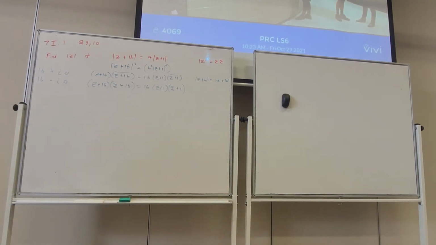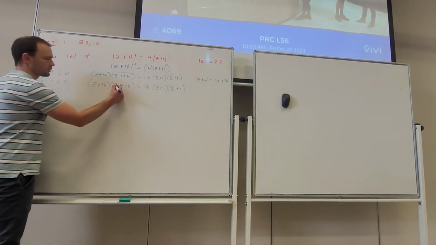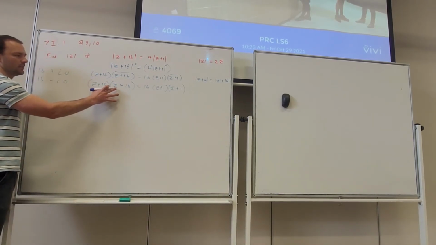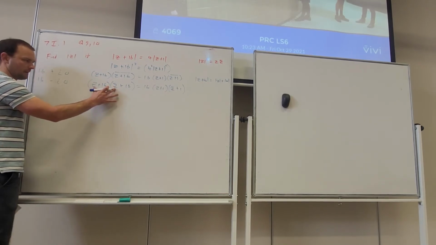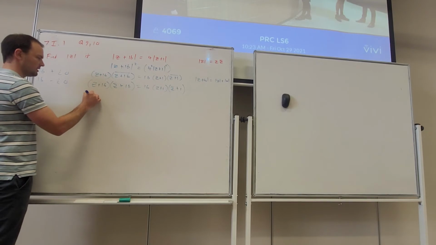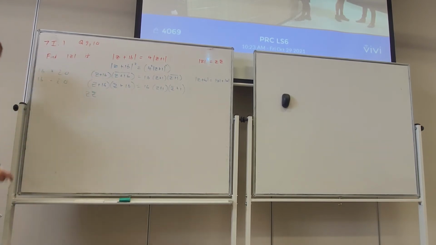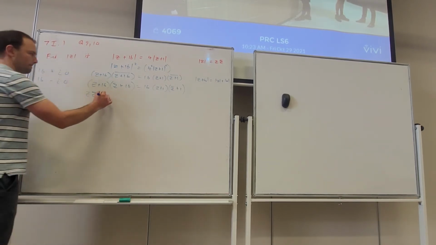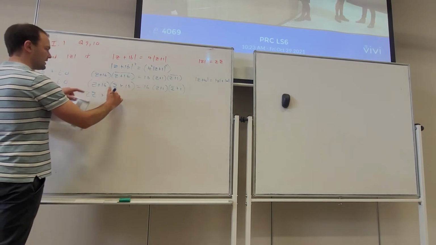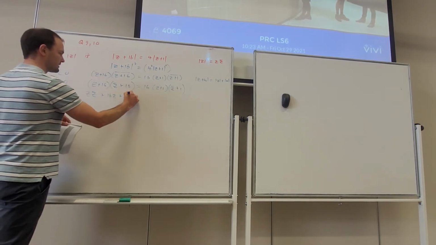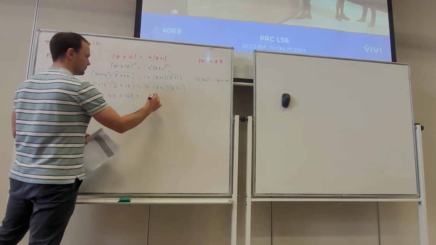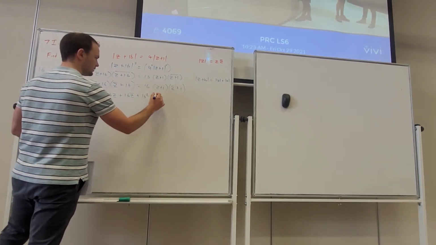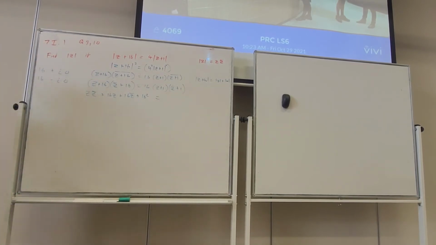Okay, and then we're going to do some FOIL. Alright, so technically we can't do perfect square expansion because they're not the same term, it's not a perfect square, but we can do some FOIL here. So we've got z times z conjugate plus 16z plus 16z conjugate plus 16 squared. 16 squared, 256.